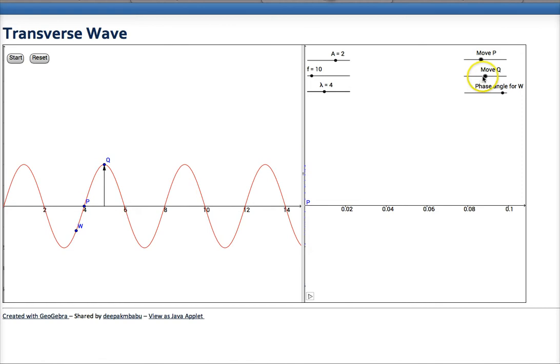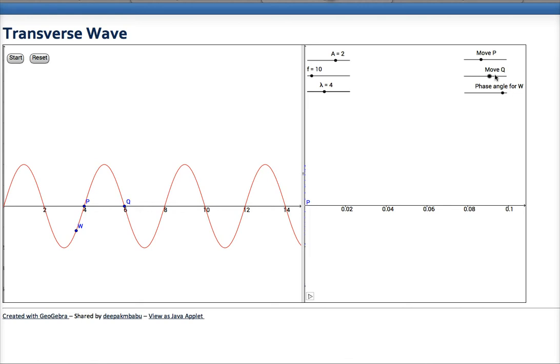Now let me adjust particle Q so that it matches with 0.6. Can you see that particle Q now matches with 0.6 on the axis? Now we're going to see whether they're in the same phase or not. That's our goal. I'm going to start it and you tell me, just by observing, whether they're in the same phase.